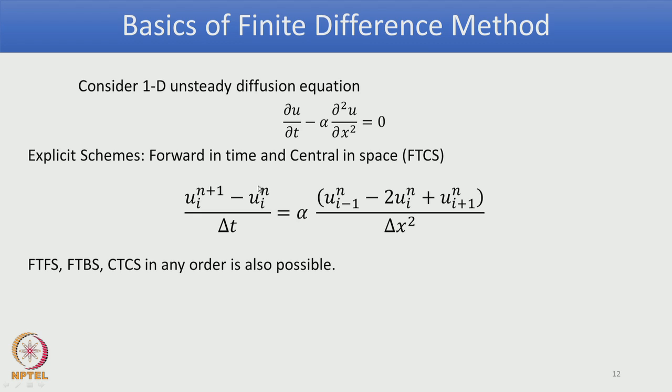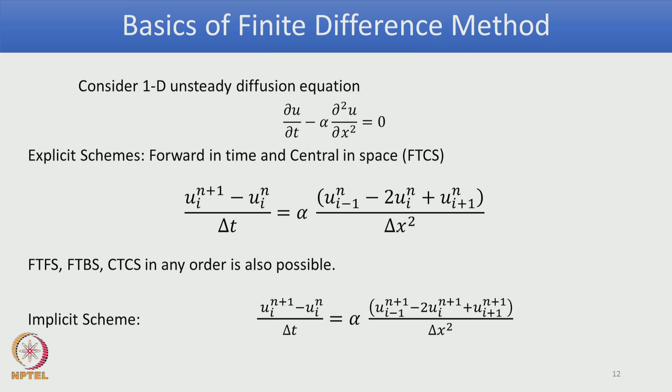I have explained all this following one finite difference form, forward in time and central in space. You can also write expressions based on forward in time, forward in space; forward in time, backward in space; central in time and central in space.